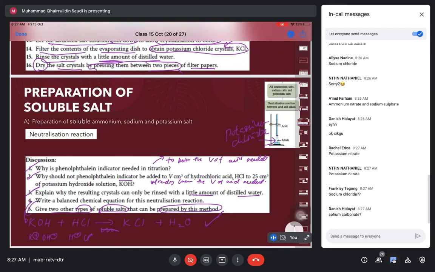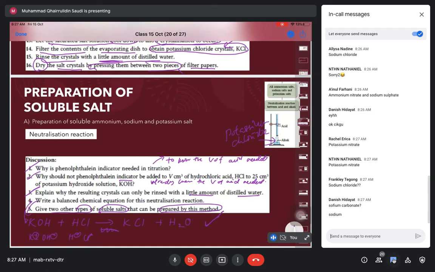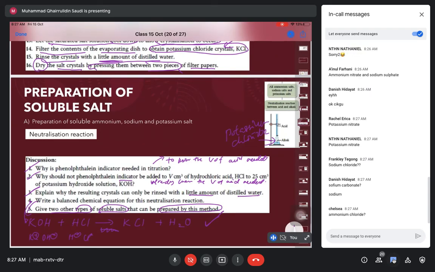As long as the front of your salt is named sodium, potassium or ammonium, all of them use this type of way. Okay, good. Ammonium chloride, good, Chelsea. Okay, so every ammonium, sodium or potassium salt, you have to prepare using neutralization reaction between acid and alkali.